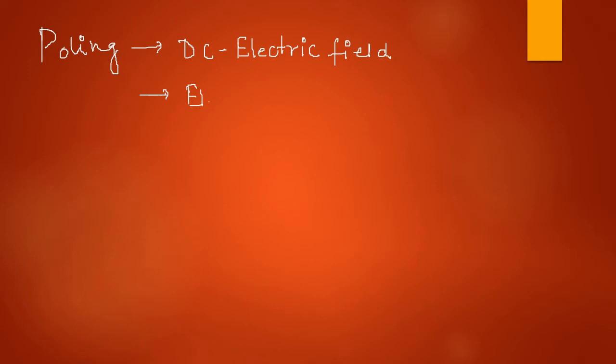Why some elevated temperature? Because at elevated temperature, domains will be a little softer, and it will be easier to orient those polar axes of the domain along the polar axis.